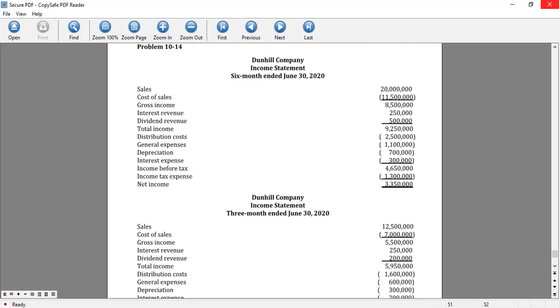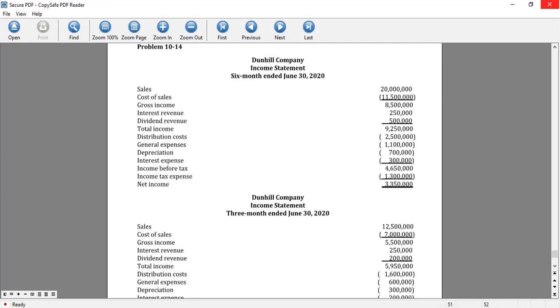If your cost of sales is 11.5 million, that's good for the whole 6 months up to June 30, 11.5 million, which amount we are going to deduct 4,500,000. So 11.5 million minus 4.5 million, because these figures above are good for the quarter ending March 31.